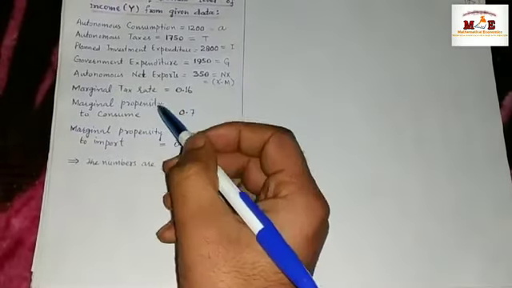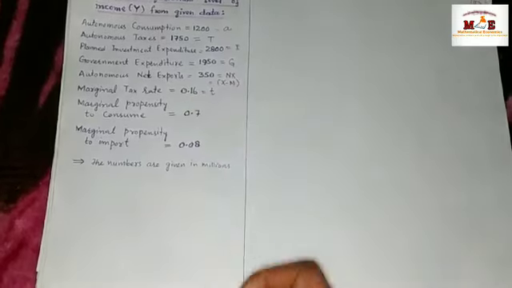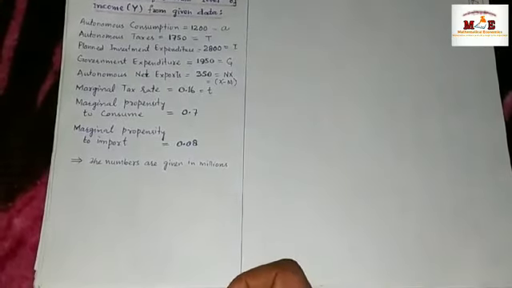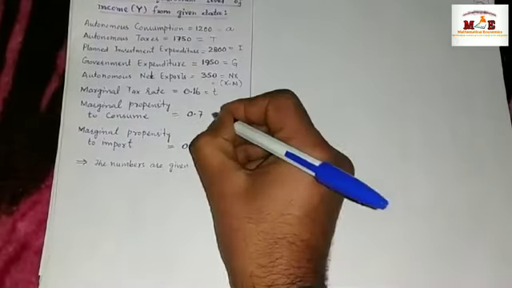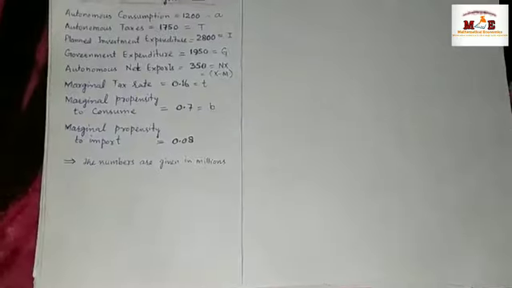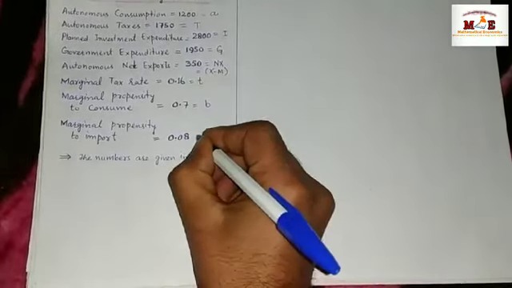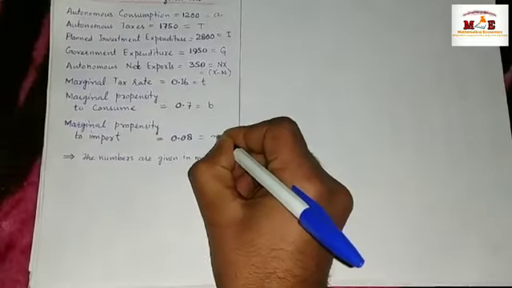The marginal tax rate is represented by small t, whereas the marginal propensity to consume is represented by small b. The marginal propensity to import is represented by small letter m.